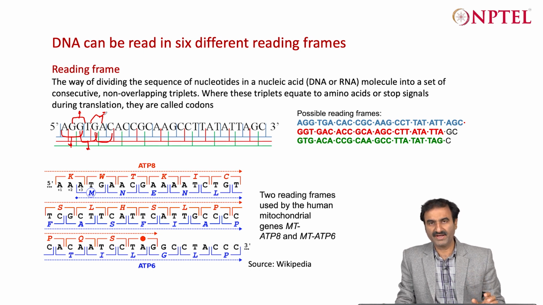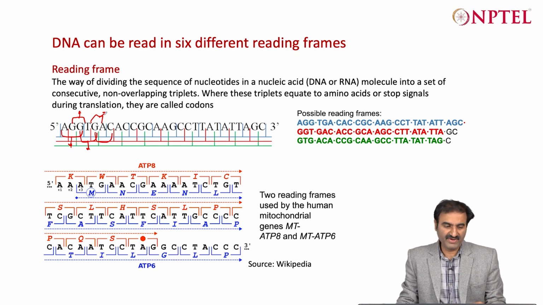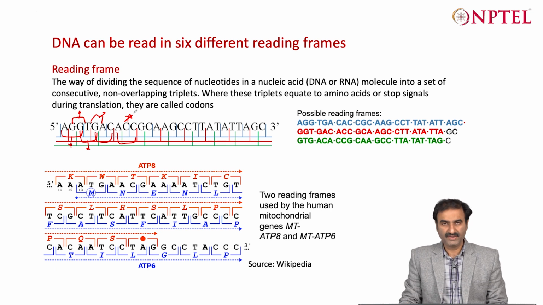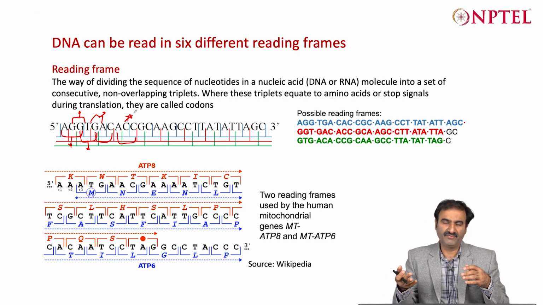So potentially you can have a reading in 6 different reading frames, and suddenly you may see that at this position you got a stop codon, and the stretch of nucleotides arranged in codons will suddenly stop. That could be a possible stop codon or an abrupt end for that small reading frame.